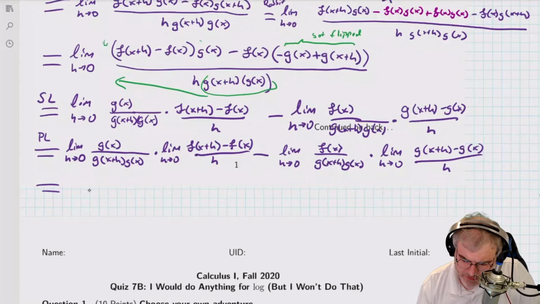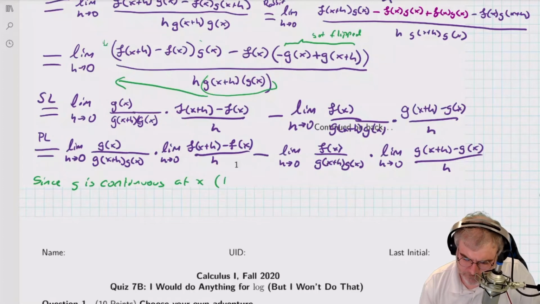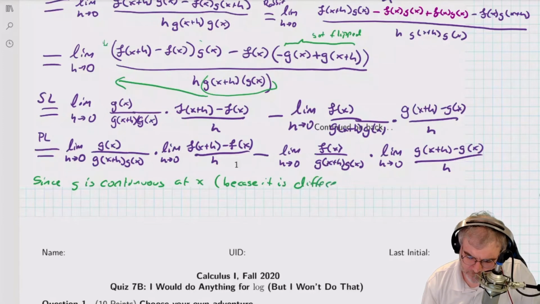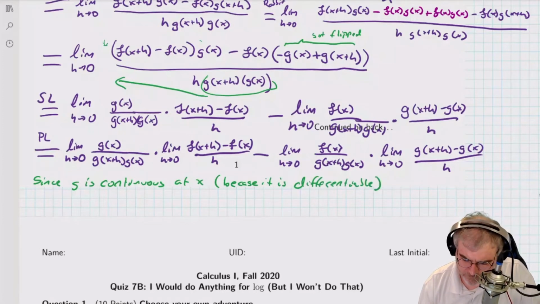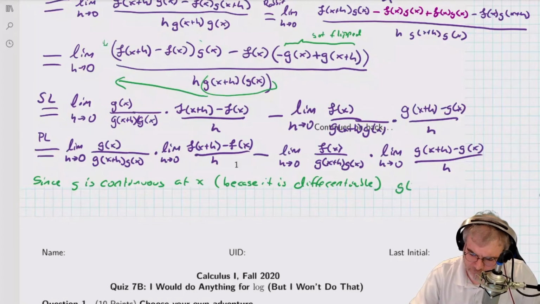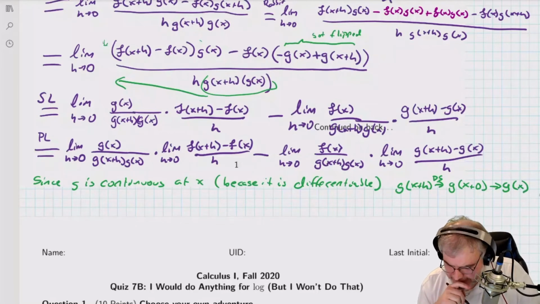This term here, since g is continuous, this goes to g of x plus 0. Right, so I just kind of give a little thing.